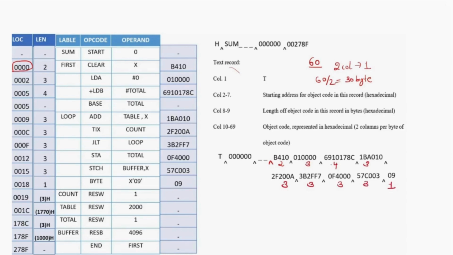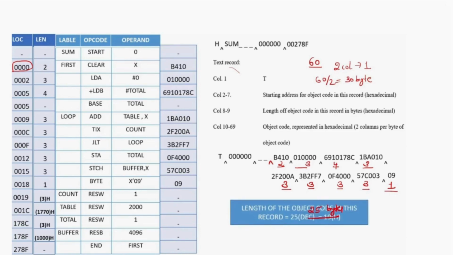If I count all these length values: 2 plus 3 is 5, 5 plus 4 is 9, 9 plus 3 is 12, 12 plus 3 is 15, 18, next 21, 24 and then 25. So in total we have used only 25 bytes, not 30 bytes. That means all these object codes will fit in a single text record.